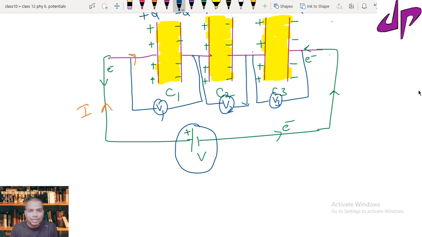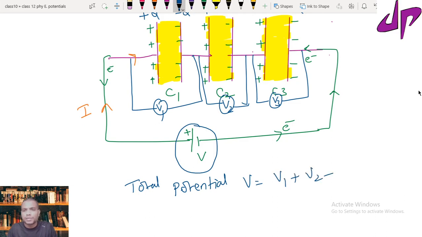That is the key expression in series. So we can write the total potential V equal to the sum of the individual potentials: V1 plus V2 plus V3.